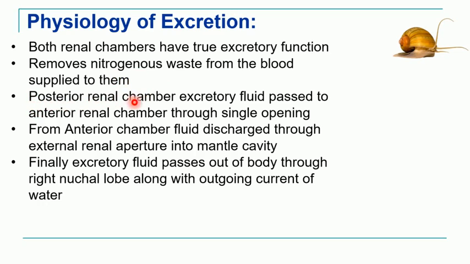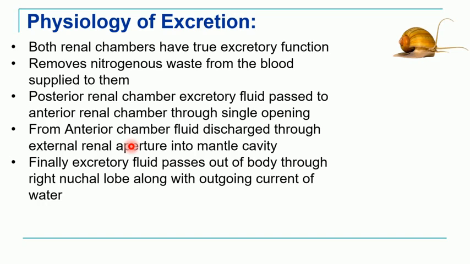So from the posterior renal chamber, the excretory fluid is first passed to the anterior renal chamber. We saw that first all the waste material is collected by the posterior renal chamber and it is transferred to the smaller chamber, that is the anterior renal chamber. We know that there is a small opening between these two chambers. Okay, now once this excretory waste is collected in the anterior renal chamber, it will move through the small opening that is called the renal aperture.